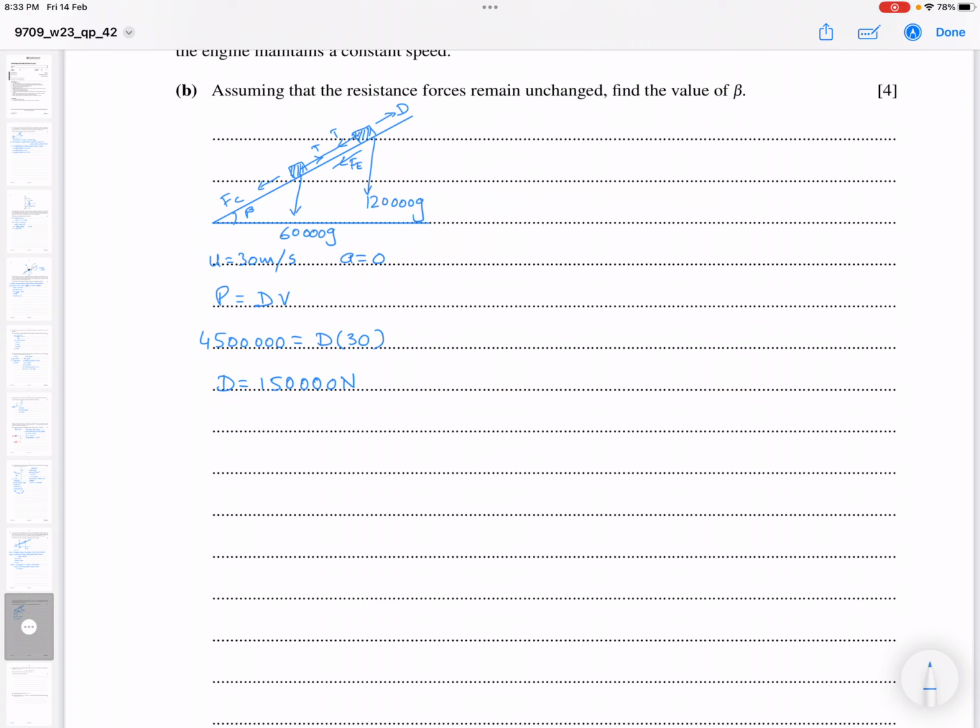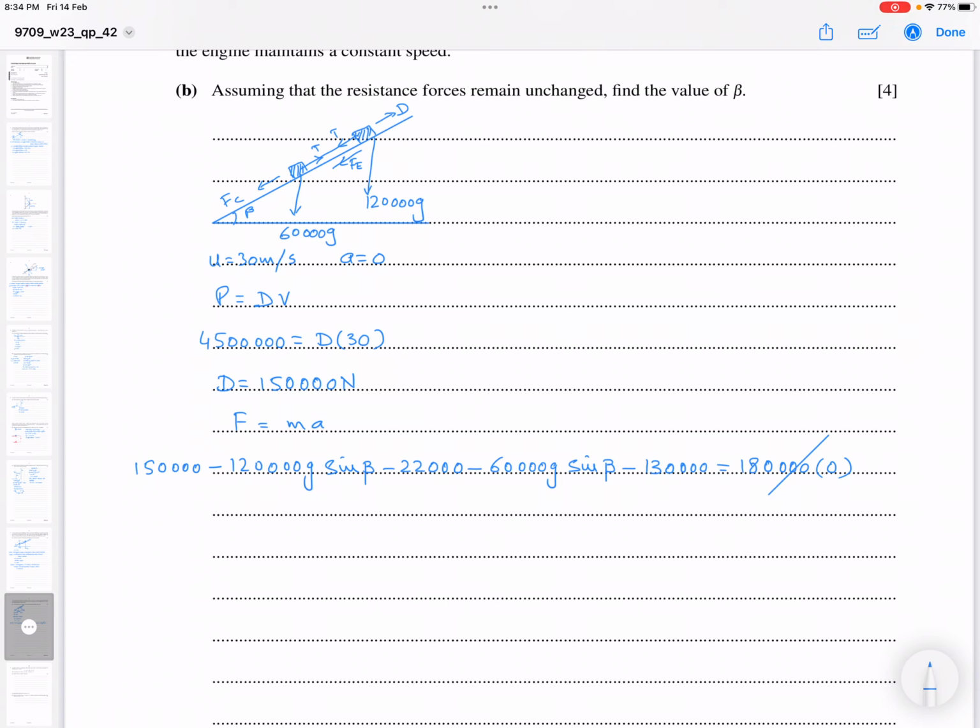Now consider the whole system again. You write F equals ma. So 150,000 minus 120,000 G sine of beta minus 22,000 minus 60,000 G sine of beta minus 13,000, that is equal to mass, your 180,000, because I took the whole system, so we have to add engine and coach weight together, and your acceleration is 0, so this part is gone.